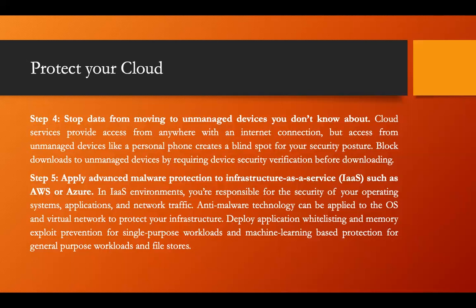And also we can apply different machine learning techniques so that intrusion detection could be possible if any type of attack is launched by any malicious user or hacker or attacker. So we are able to detect them and we can restrict them. So these are the different steps while protecting our cloud.